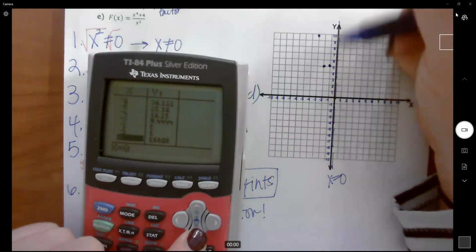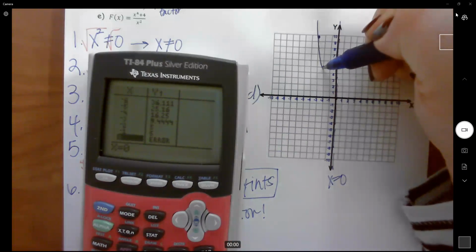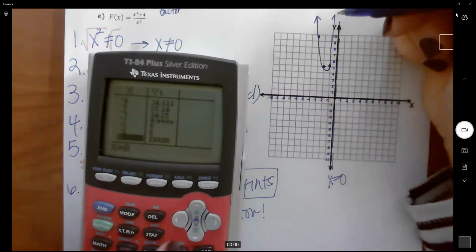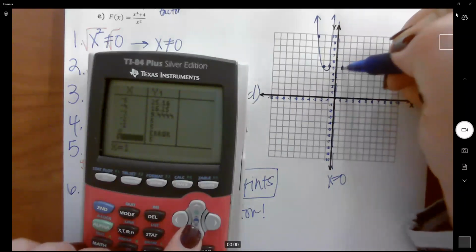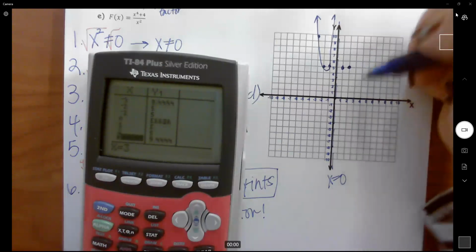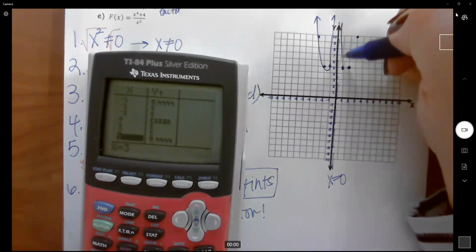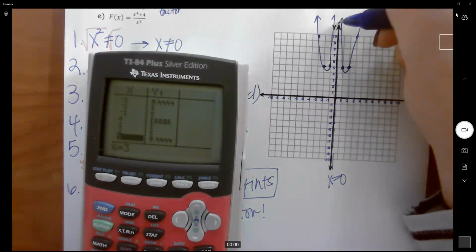That's my asymptote there. So if I had to guess, this is going to come down just a little bit and loop back like so. And then this side should mirror itself. 1 is 5, 2 is 5, and 3 is almost 10. So it goes a little bit lower, circles back, something like that.